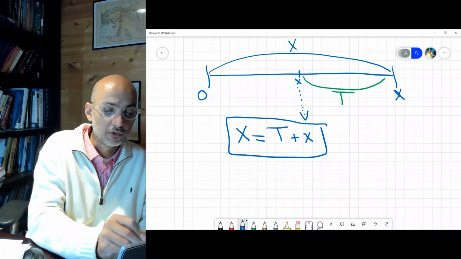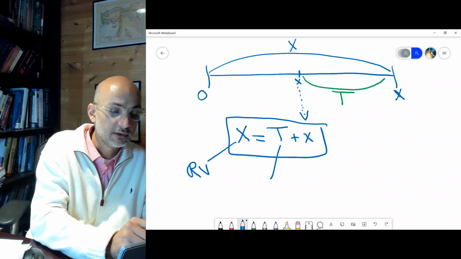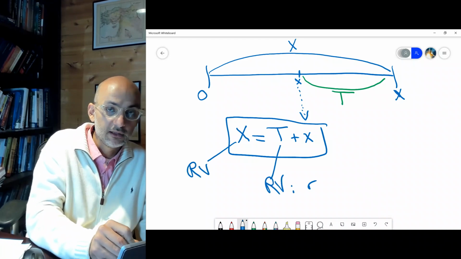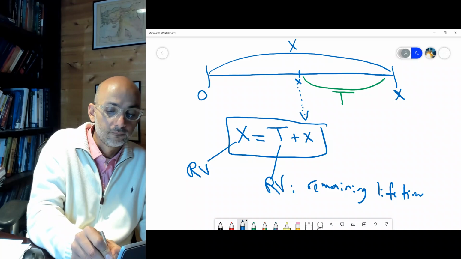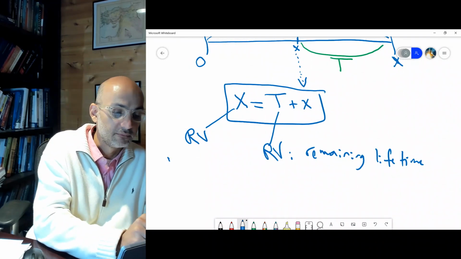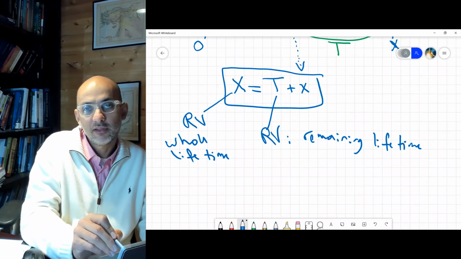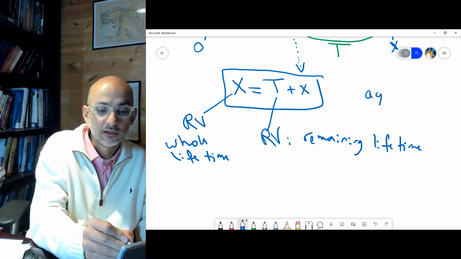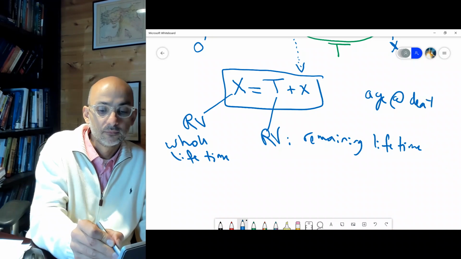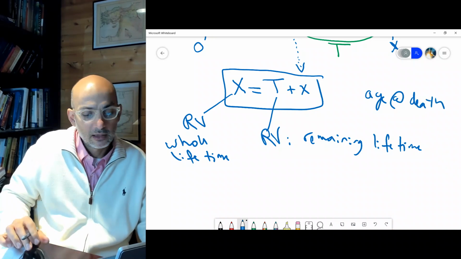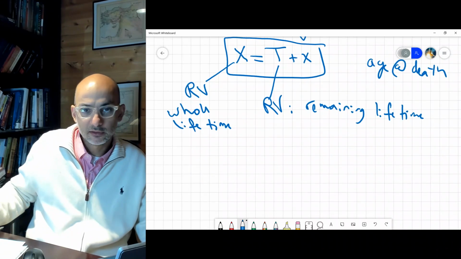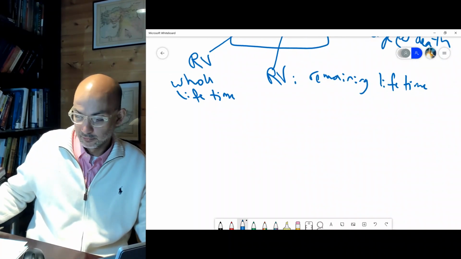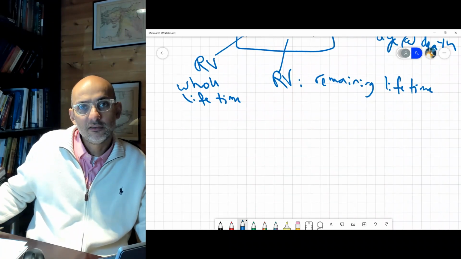X and T are random variables, but T is the remaining lifetime, and X is the whole lifetime, the age at death. This is a very basic concept. We looked at it in the review, but it is very important for us to remember. So X is the full age and T is the remaining lifetime.